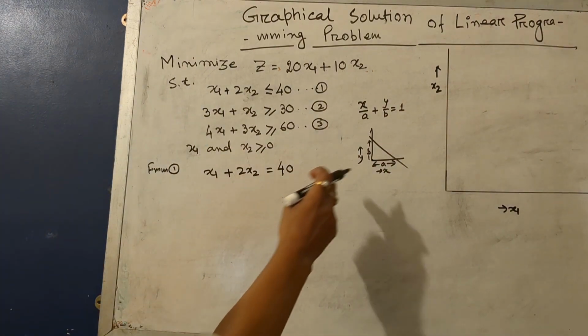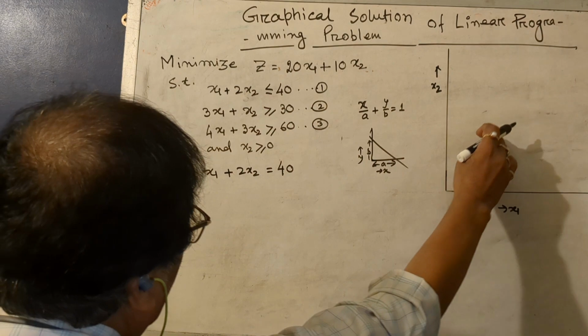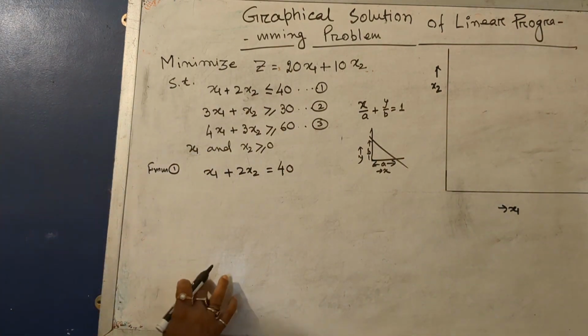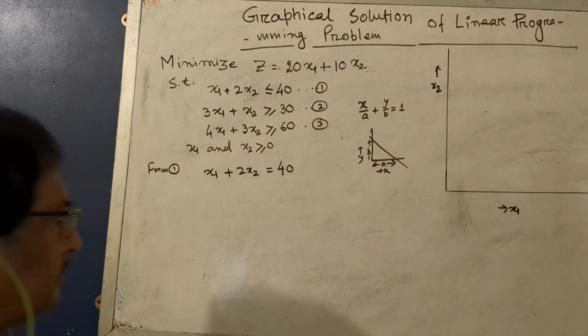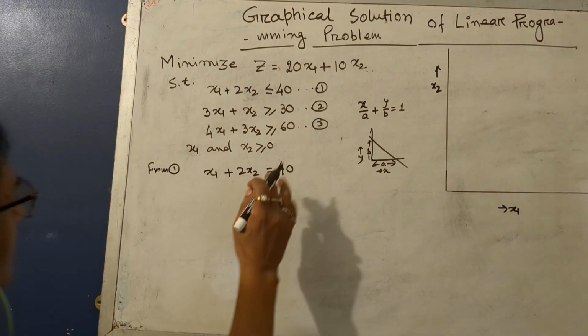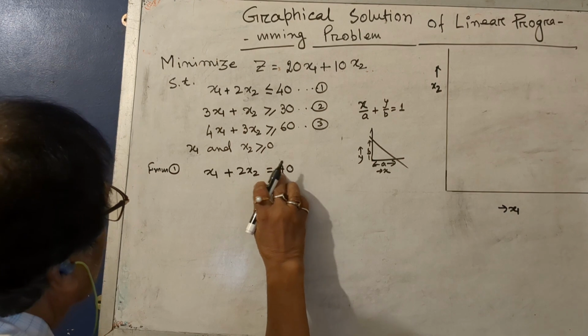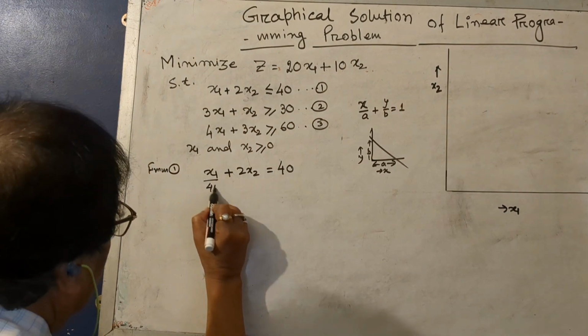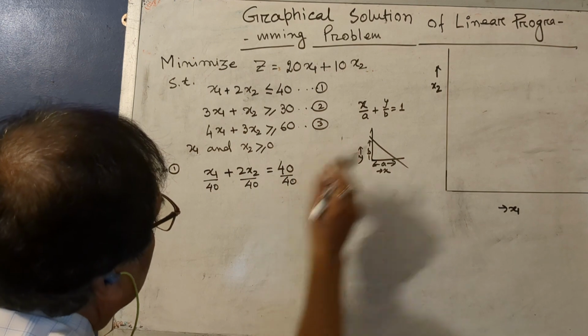We will apply this concept to this equation. To plot on the graph paper, it will be easy and it will take less time. But if you are adopting any other method, there is no issue. You can take it. So first we have to make the right side 1. That's why divide both sides by 40 to make it in this form.